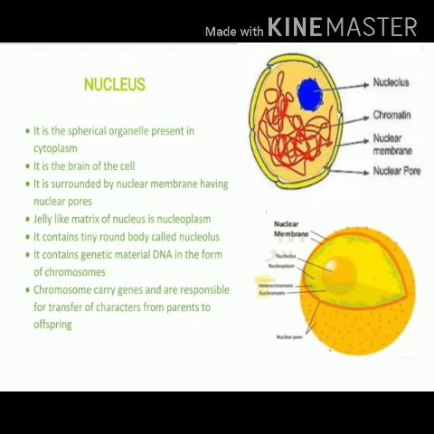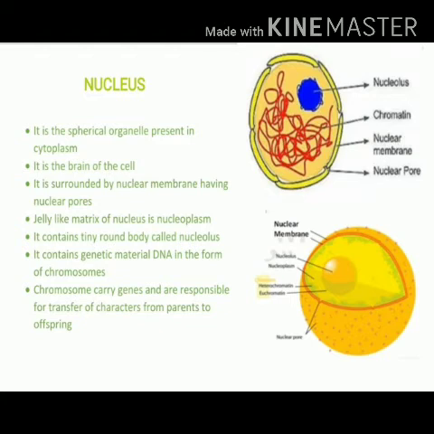Okay students, let's revise the structure of the nucleus. What all I had told you just now. The nucleus is surrounded by a membrane, which we call the nuclear membrane. Inside the nuclear membrane, we have that jelly matrix, which we call nucleoplasm. In that nucleoplasm you will observe a tiny round body, called the nucleolus.